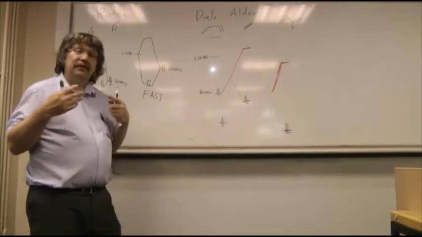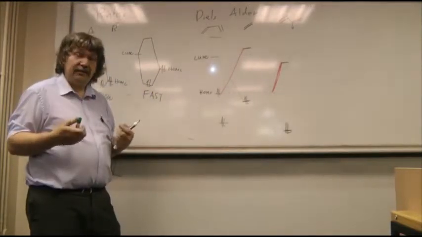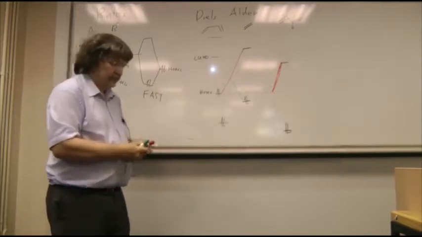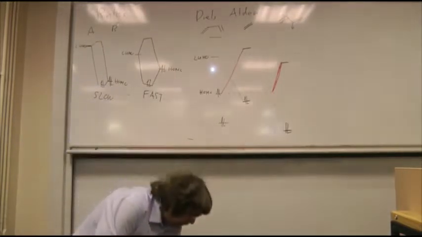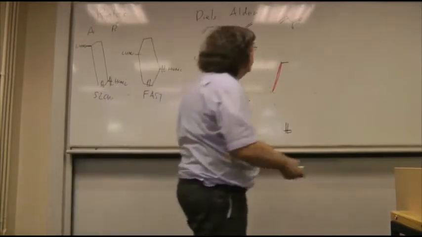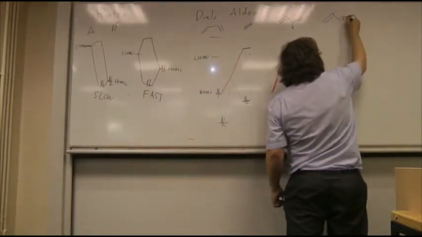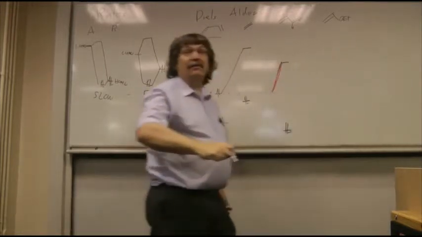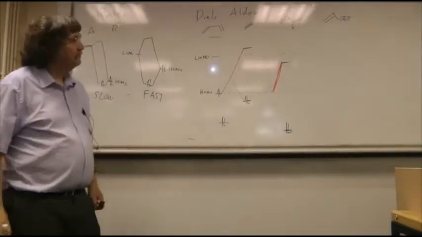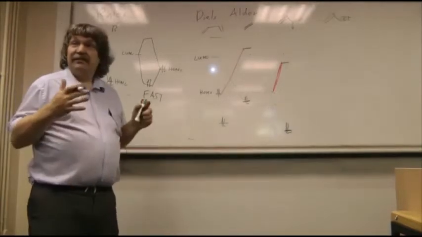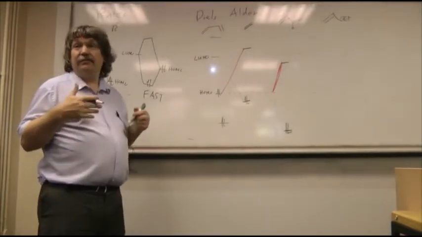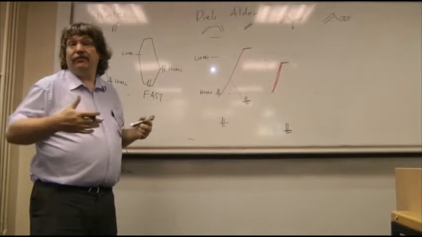Supposing we used a very electron-rich alkene, what would we find then? An example of a nucleophilic alkene would be a vinyl ether. So that's ethyl vinyl ether. Well, that's very nucleophilic, because it's very like an enolate, in fact, not as powerful, but it's like an enolate.